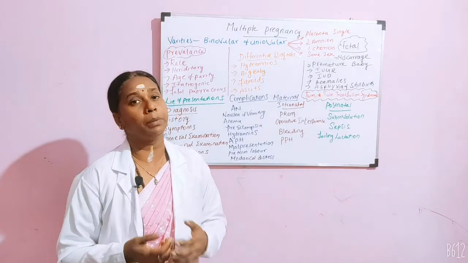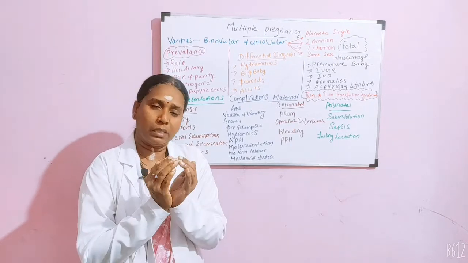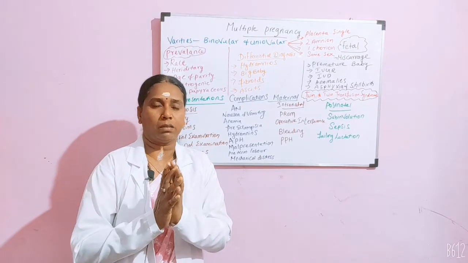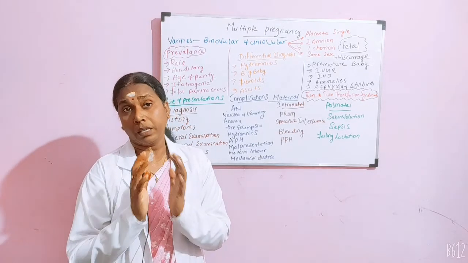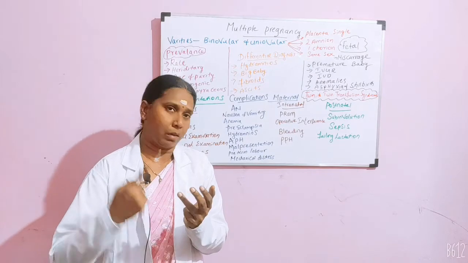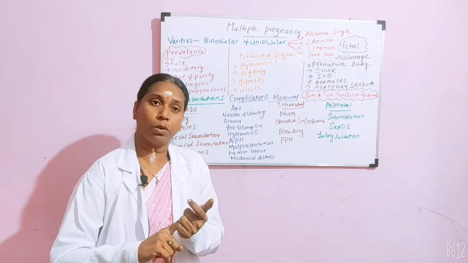And then comes preterm labor. In the beginning I said the uterus is a cavity which can hold only this much capacity. Now in case of a twin pregnancy, the placenta is going to be big, the amniotic fluid is going to be big, and the babies are going to have increased weight.